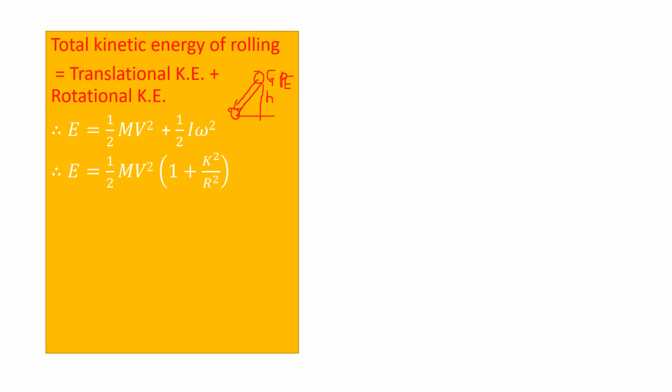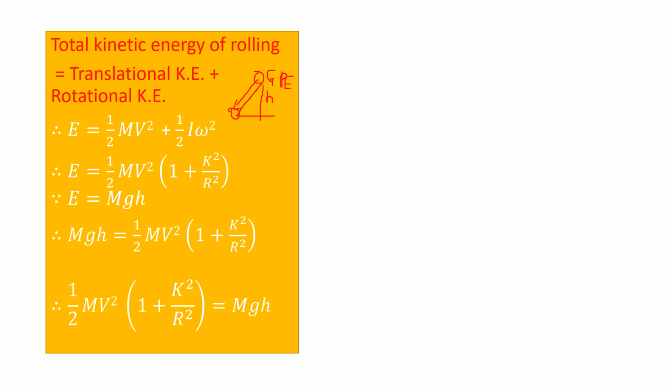Hence we can write the equation: total kinetic energy of a rolling object, E, that is half mv square into the bracket 1 plus k square upon r square, is equal to the gravitational potential energy, that is mgh.